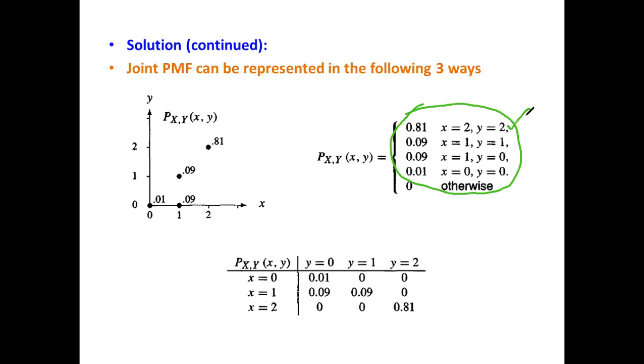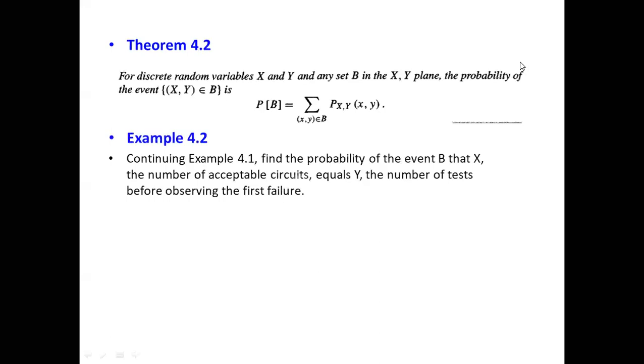First one, yes. Second one, yes. Third one, no. Fourth one, yes. So if we add this one and this one, that will give us the probability of that event where the X and Y values are equal, isn't it? Yes, sir. That's what we are doing.